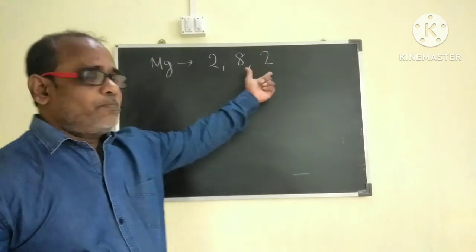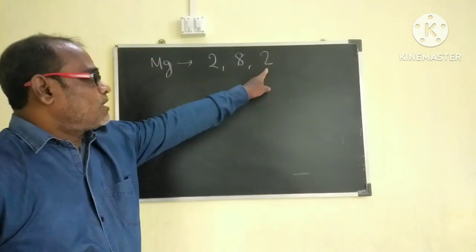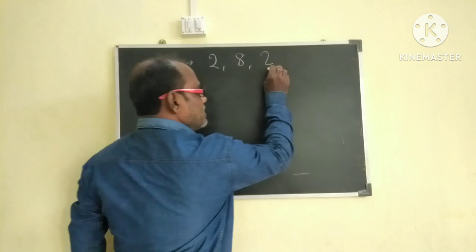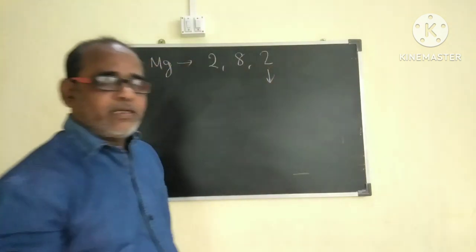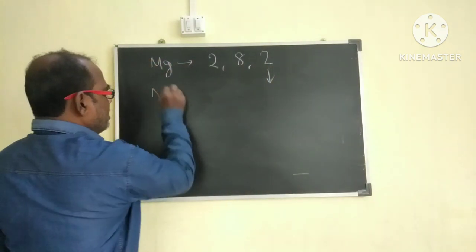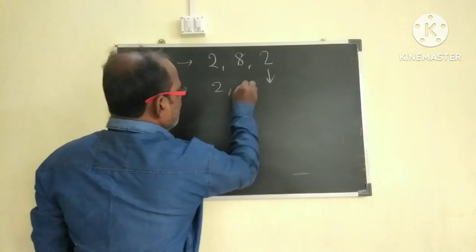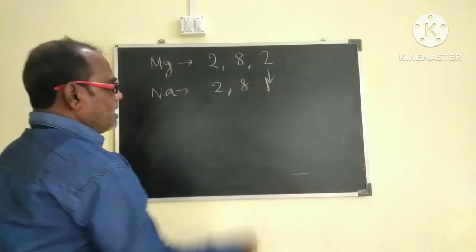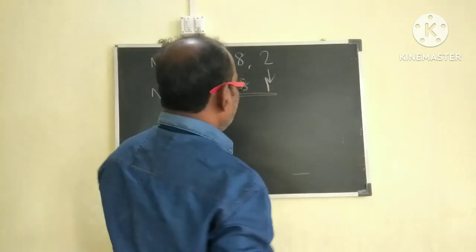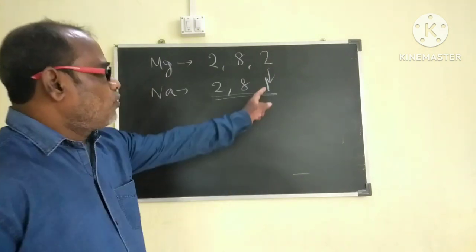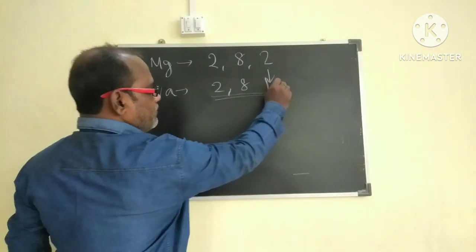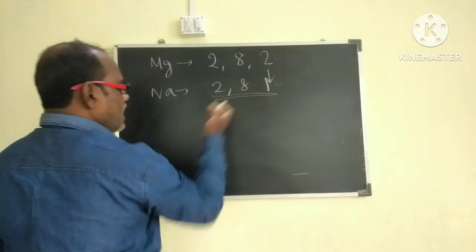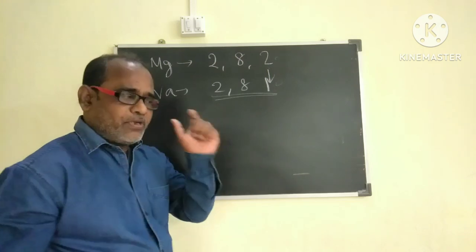It lies in the third period, and the valence electrons are 2, so it lies in the second group. Also we have learned regarding sodium, that is 2, 8, 1. Here also the number of shells is 3, that means it lies in the third period, group 1. Now what is the difference between these two? They both have 3 shells.